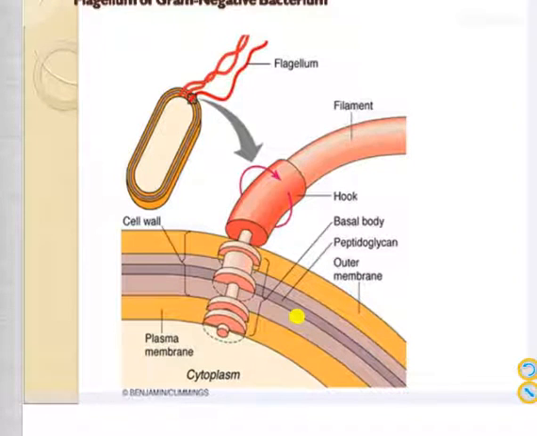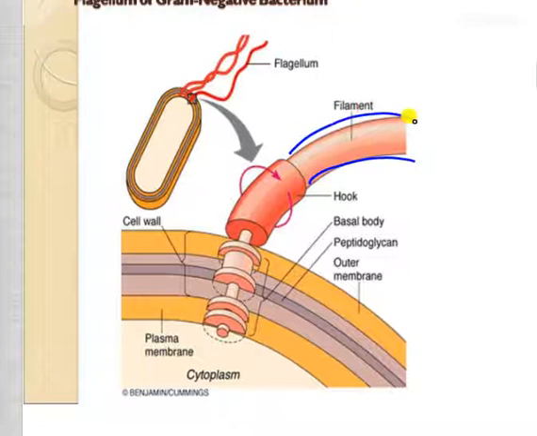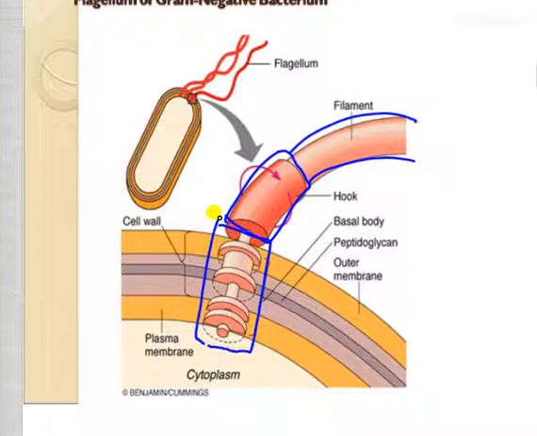In this figure we can see the structure of the flagella, where this is the filament, this is the hook, and this is the basal body.